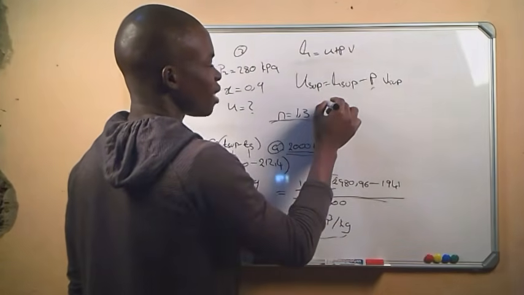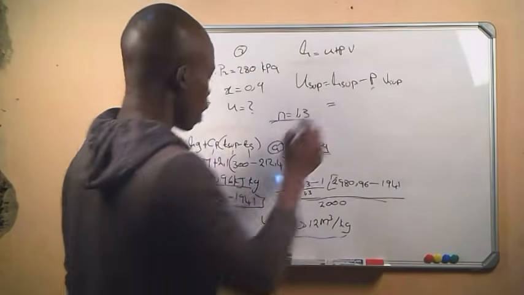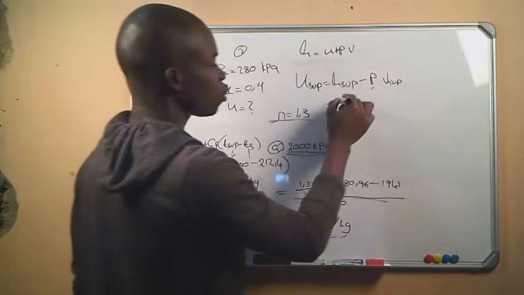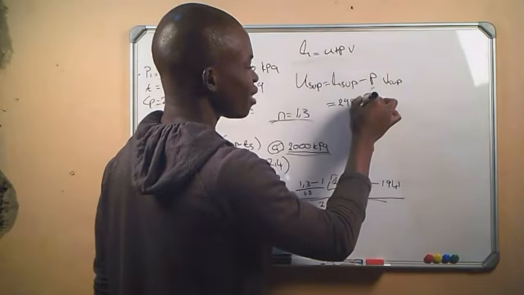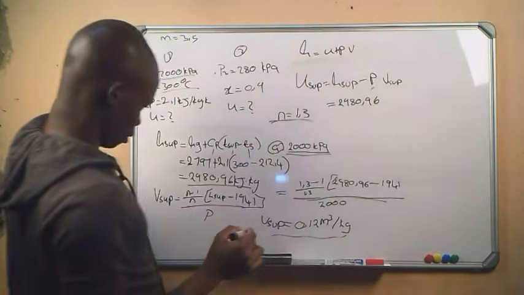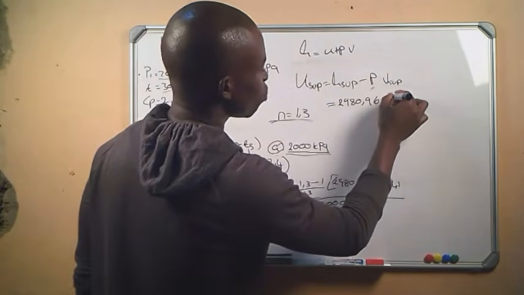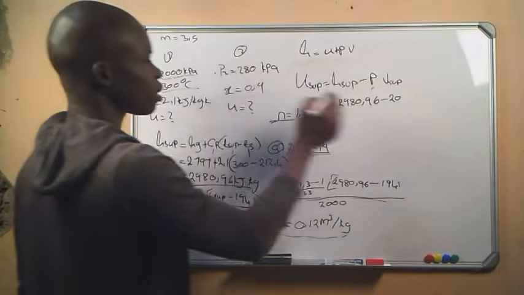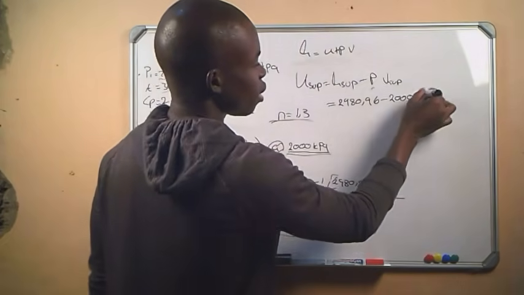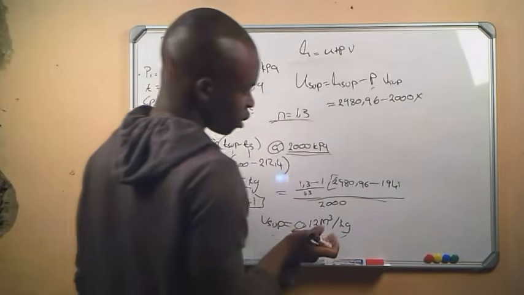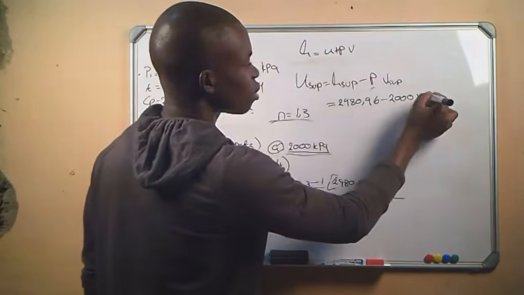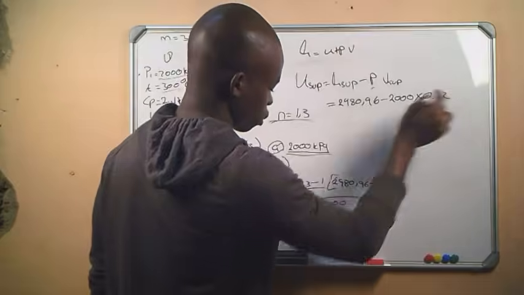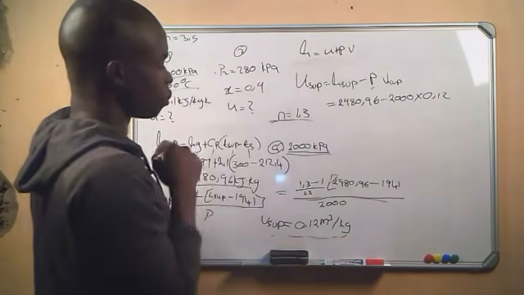The sup is for superheated. Our H sup is this 2980.96, and then minus our P, which is 2000 kilopascal, times our V, which is 0.112.